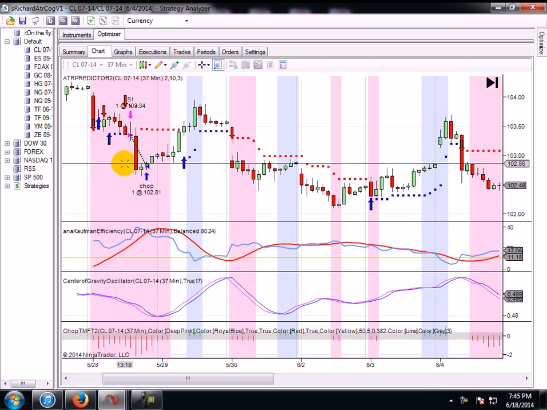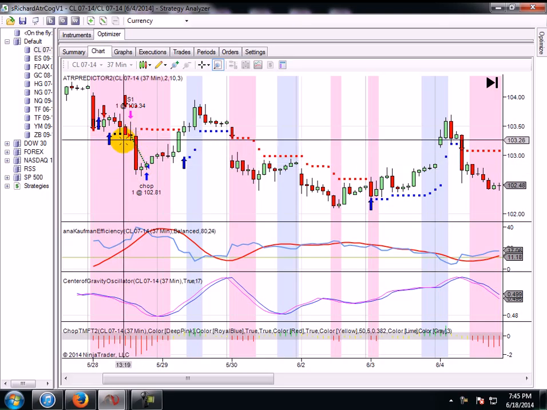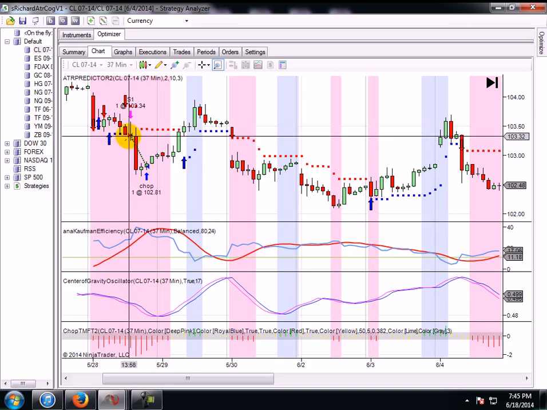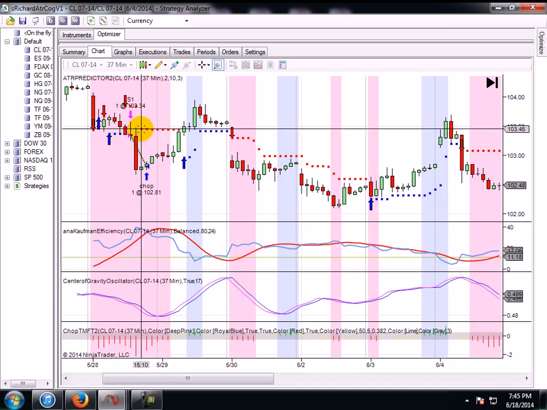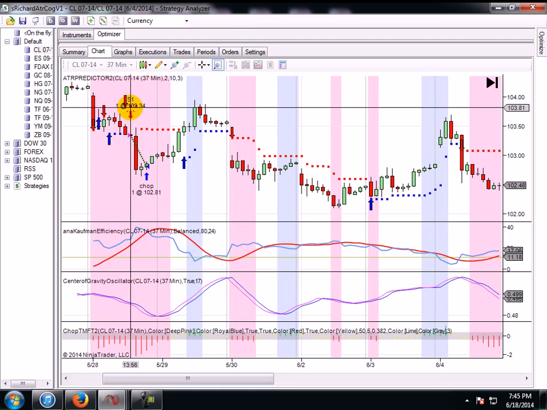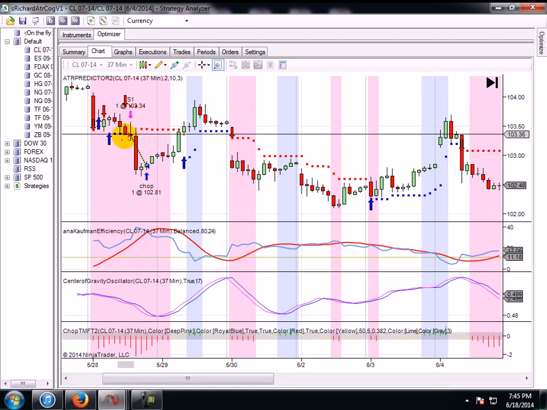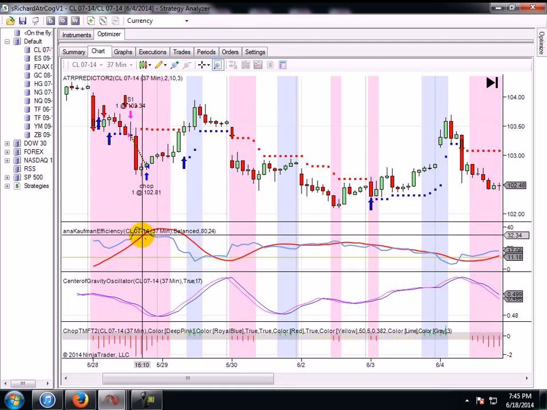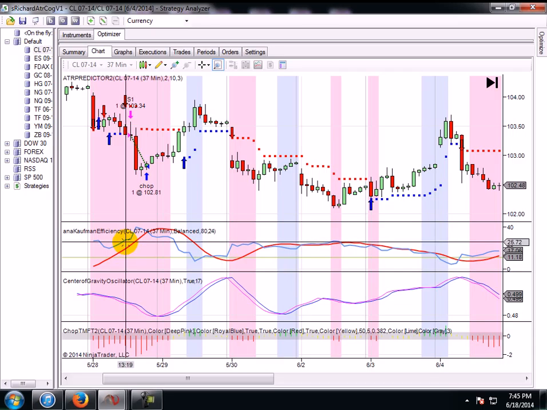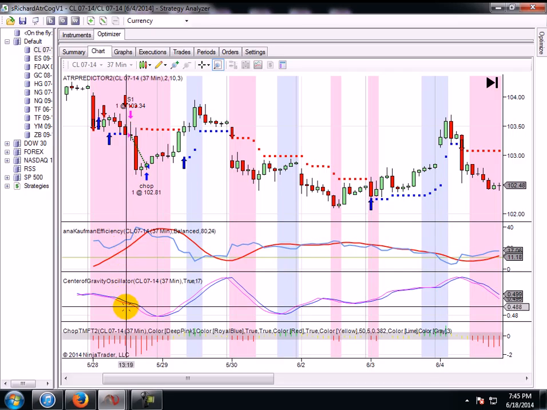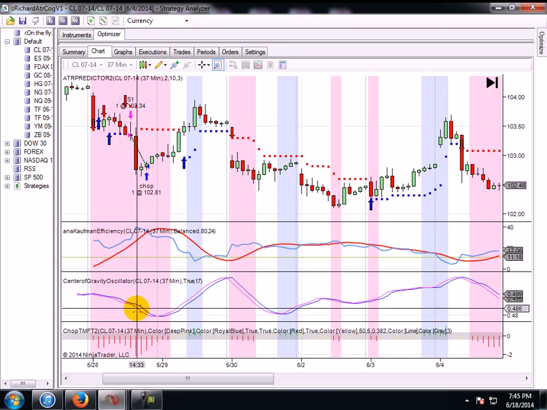You can see the first trade here appears to be right on. All of the conditions are met. We're getting a short dot here out of the ATR. The curve is meeting its requirements, and so is the CGO.